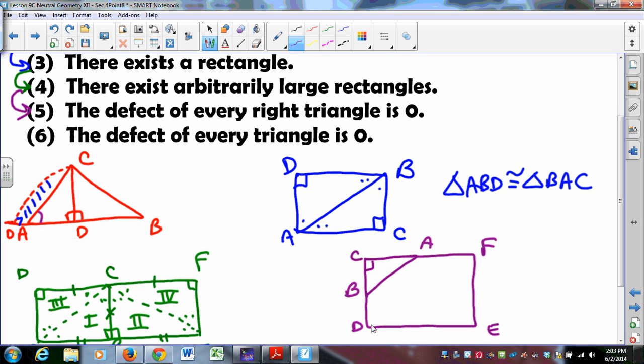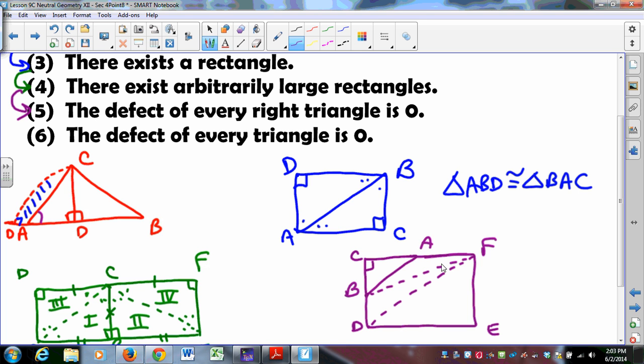And I say, well, that arbitrarily large rectangle has a defect of 0, which means that if I draw this diagonal in, triangle DEF and triangle DFC both have defect of 0. That's great. So then I connect some more dots, and I say, well, that means this triangle BFD has defect 0, but more importantly, this triangle CBF has defect 0.